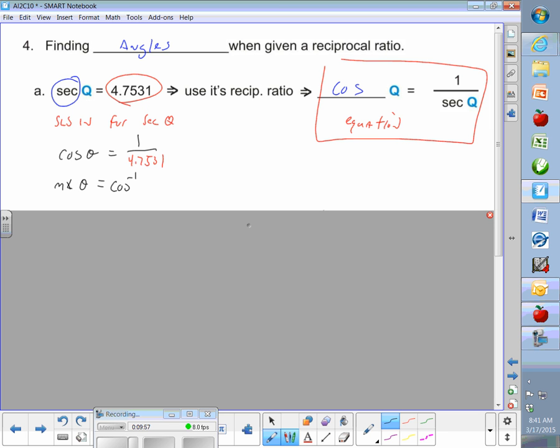But usually we just put it on the other side of this ratio, 1 over 4.7531. So for most of your calculators, what you punch in, I believe, cosine the negative 1 first. And it usually gives you a parentheses right off the bat. So just do 1 divided by 4.7531 and close your parentheses, and you should have the measure of the angle.